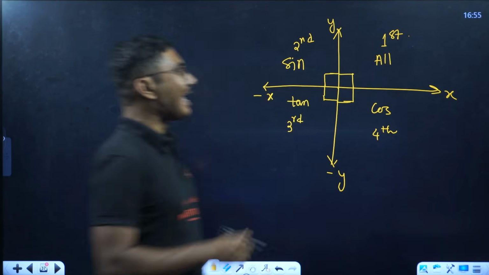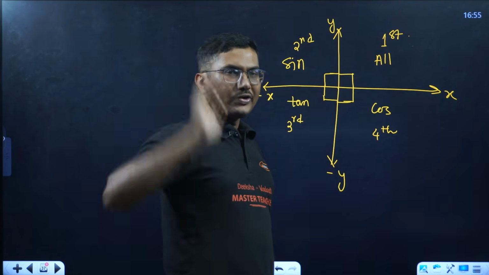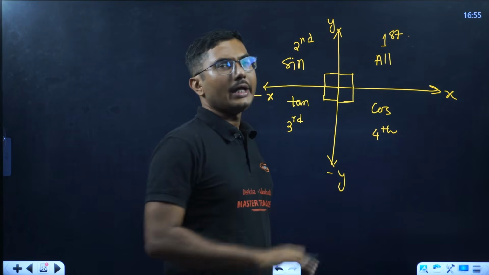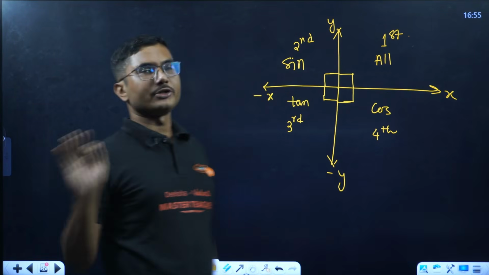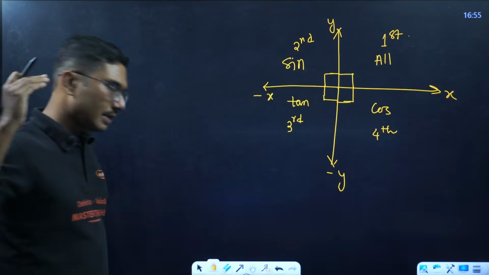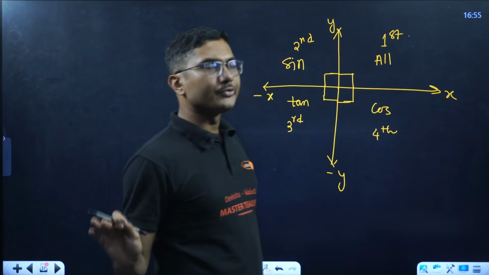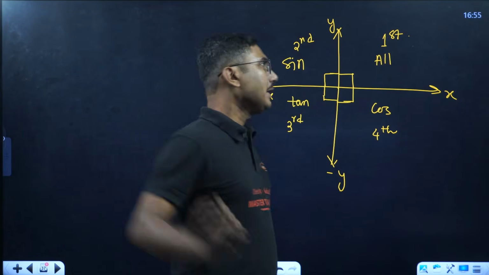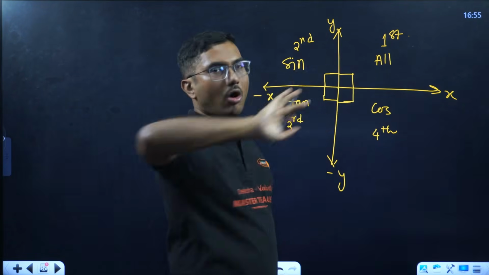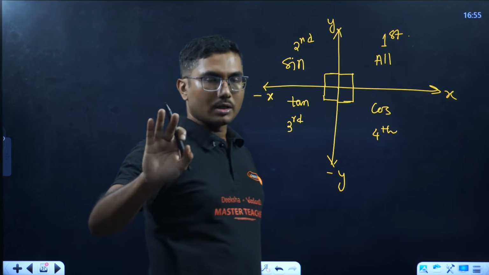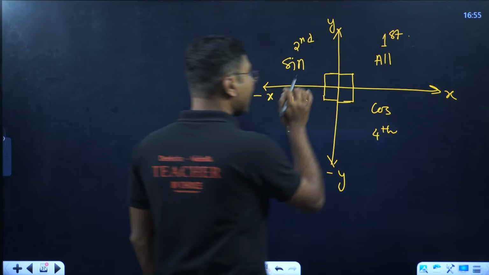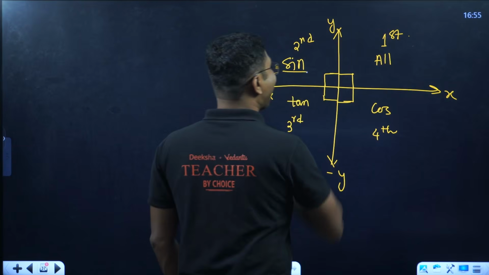Now for all angles up to 90, every value is positive: sine, cos, tan, cosec, sec, cot. That's why in the first quadrant all are positive. In the second quadrant, only sine is positive.